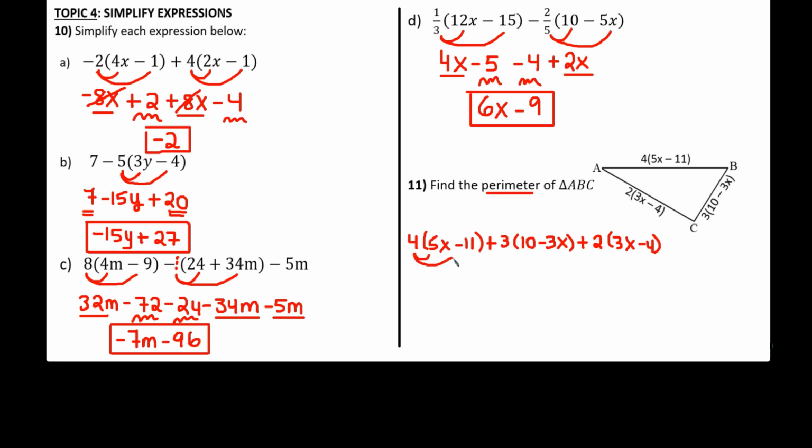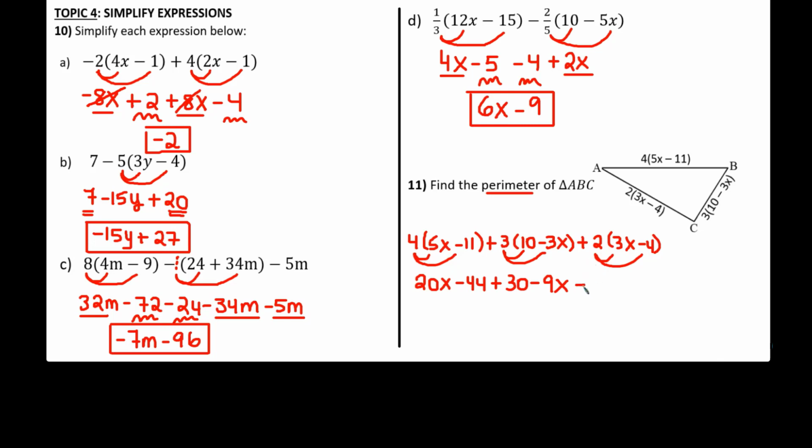So now I'm going to eliminate parentheses. Okay. So this would be 20x minus 44. 3 times 10 is 30. 3 times negative 3 is negative 9x.